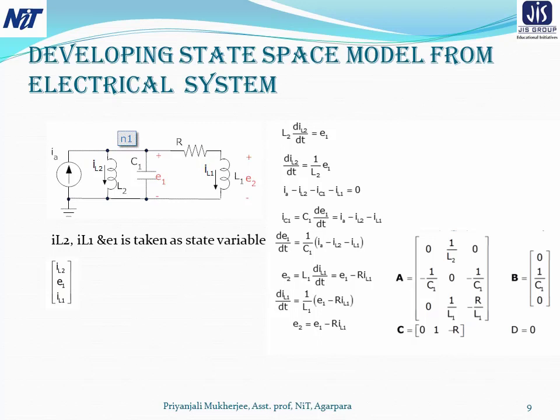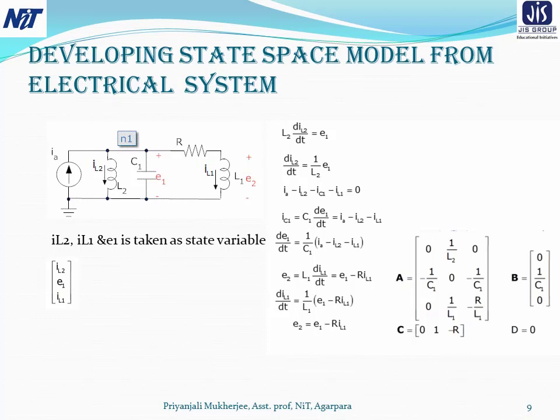Similarly, in case of the capacitor, you can write dE1/dt is equal to 1 by C1 into IA minus IL2 minus IL1, because at this node IA is incoming and IL2 and IL1 are the outgoing currents.